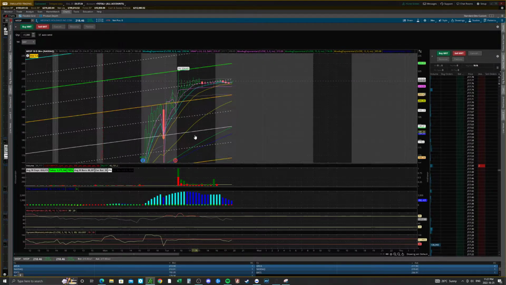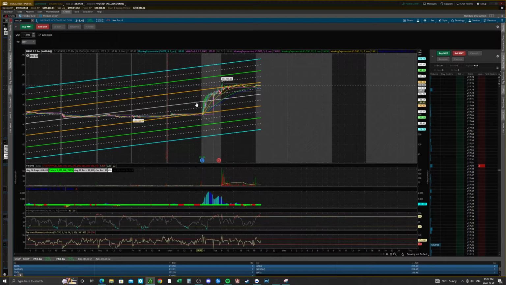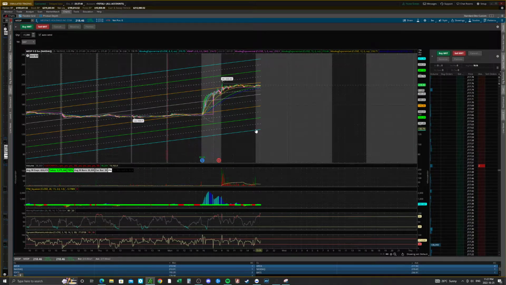I would be entering in that range, and then looking for another move up if the volume is there. But here, this was so extended that the trade really wasn't there, I would say. Obviously there's an open trade there, but it's pretty sketchy, just the way it moved in pre-market.